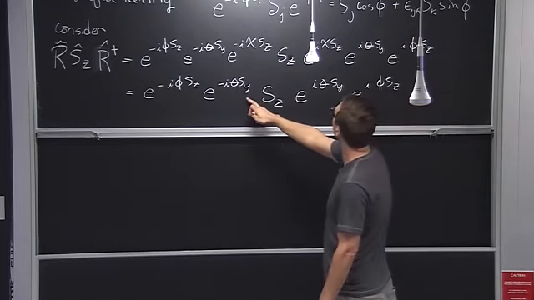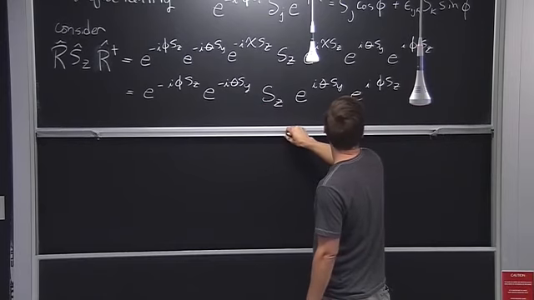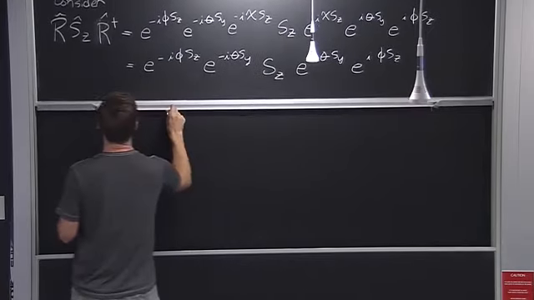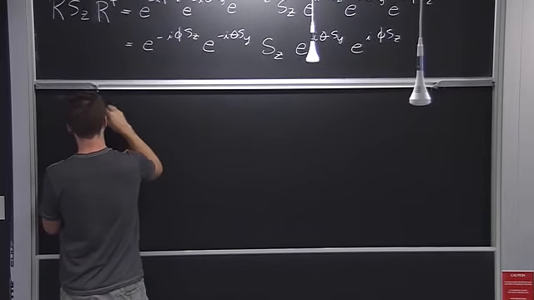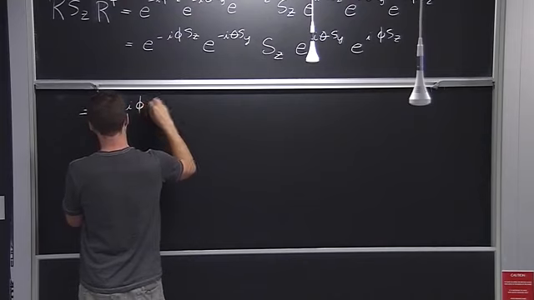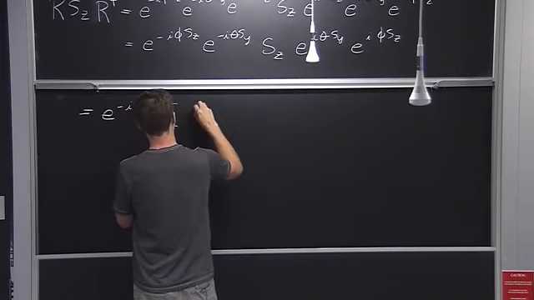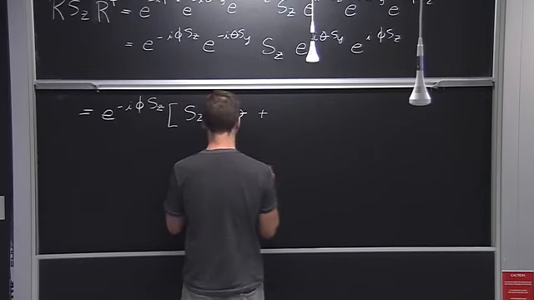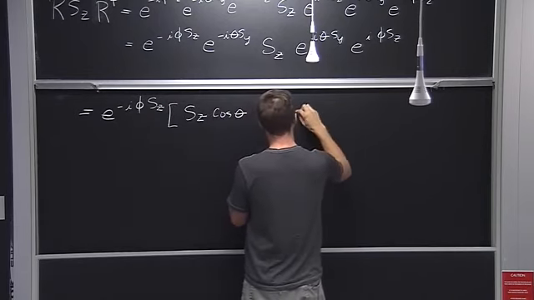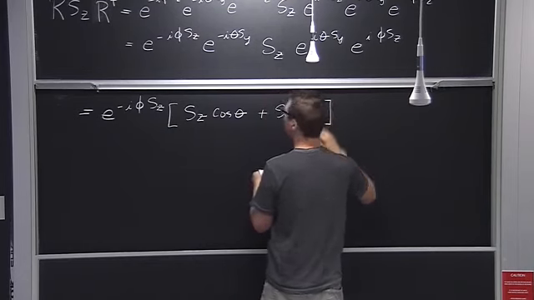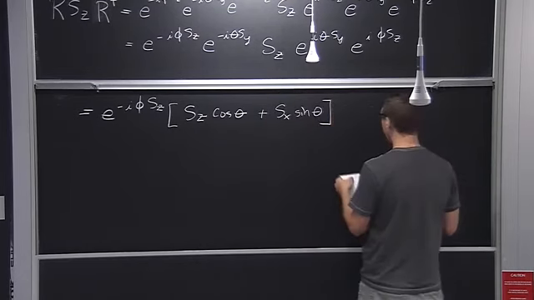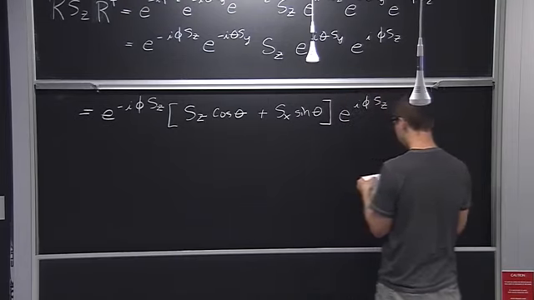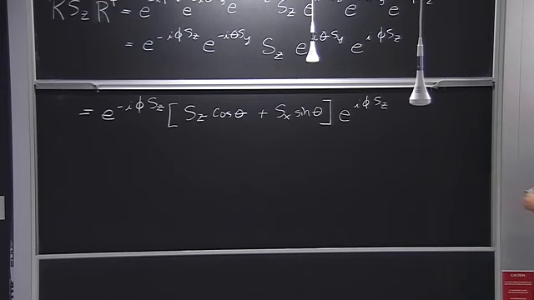So in this case, your I is Y and your J is Z. So your K should be X. All right, that's those middle three operators. And then e to the i phi Z. Right.